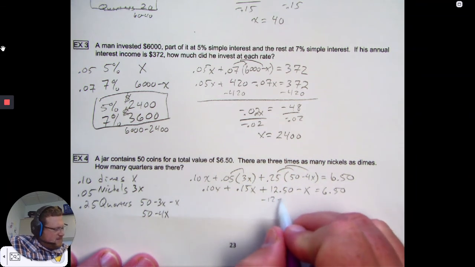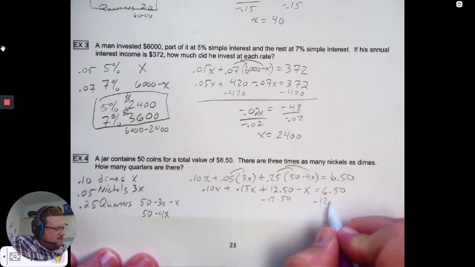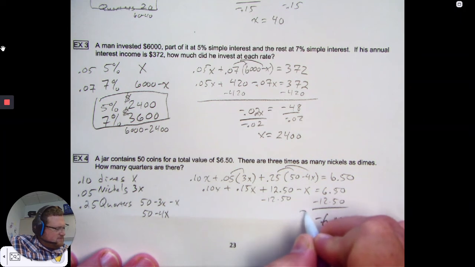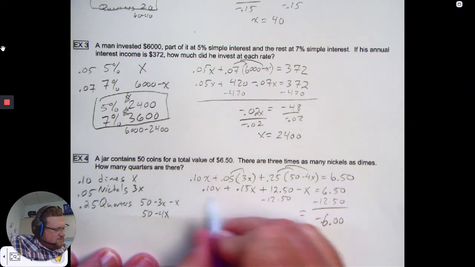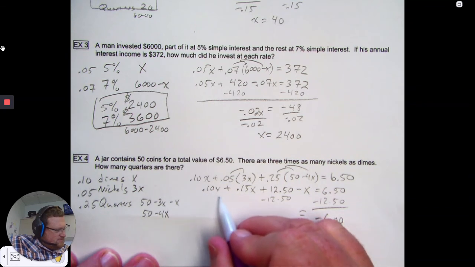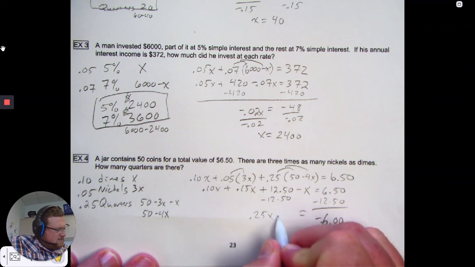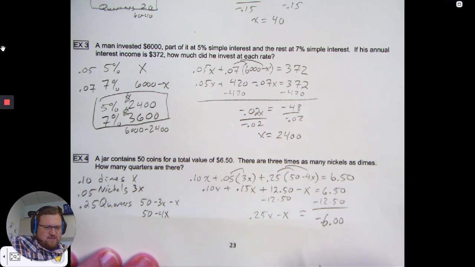Now I'm going to subtract 12.50 to get it to the other side, and my right-hand side is at a negative $6. On the left-hand side, these first two, I'm just going to quickly combine them. 0.10 with 0.15 is 0.25x, and I'm left with minus x equals the negative $6.